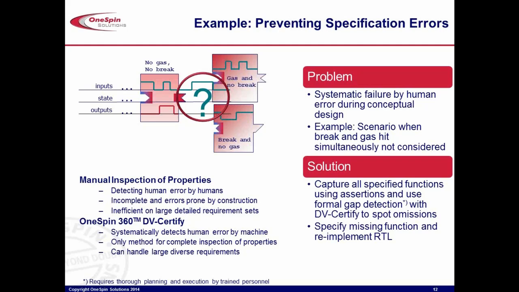And there is the third family of tools from OneSpin, which is 360 Certify. In this case, the users, who are expert users, describe the operation of the system in high-level assertions. And then there is a tool that automatically analyzes this and effectively detects if there are scenarios that you haven't specified. So it spots this.